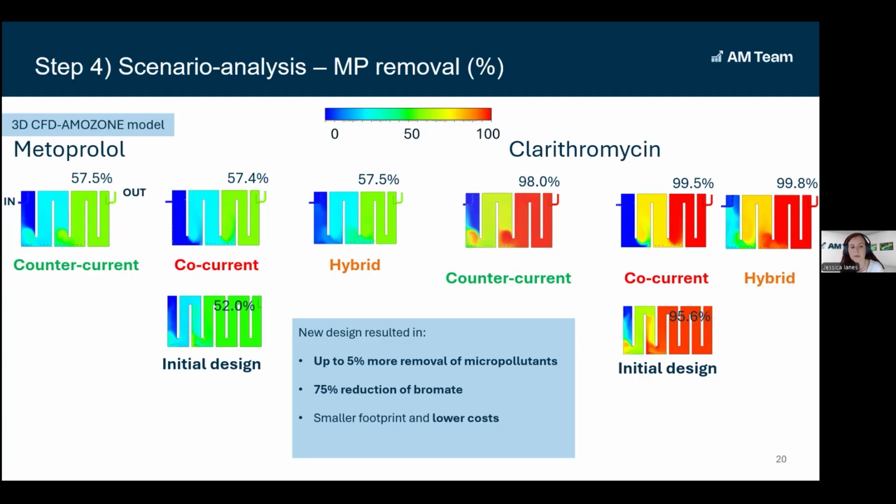So we actually could indicate still a large improvement in reducing the footprint and at the same time lowering the costs. So it's actually feasible to reduce the footprint thanks to this analysis. The fact that the water matrix is actually eating the ozone very fast, the residuals in the end are quite low already after injection.